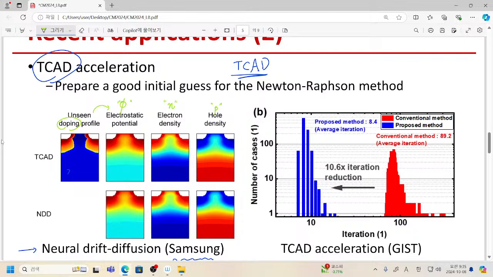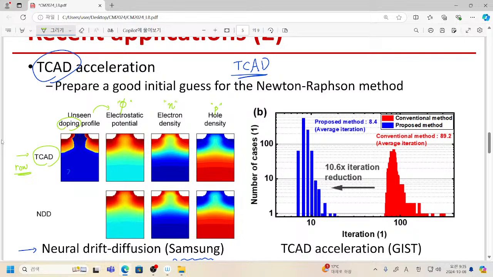We have little idea about what is exactly inside it, but once we have a doping profile of our device, then it can predict, oh, under this condition with this doping profile, maybe the electrostatic potential will look like this, and the electron density and hole density. Of course, this row just shows the TCAD simulation result, so this is deterministic and this is the ground truth.